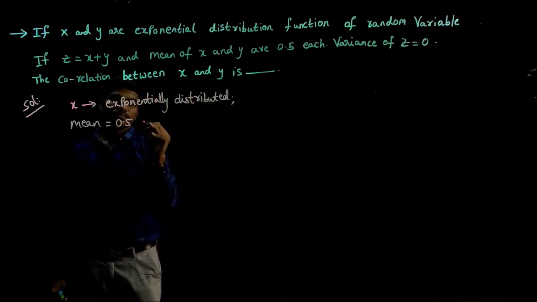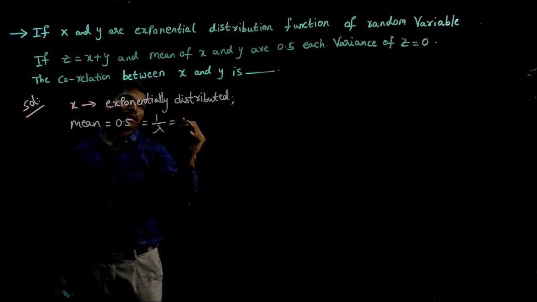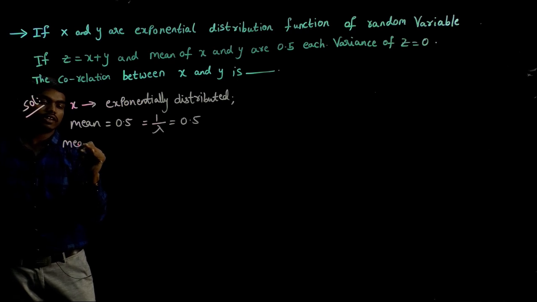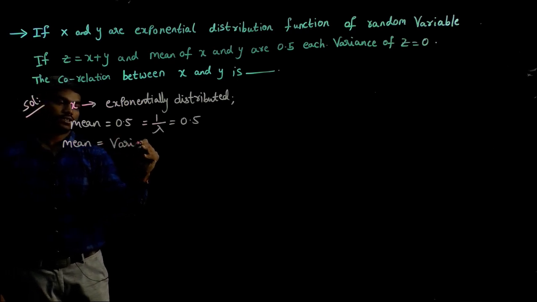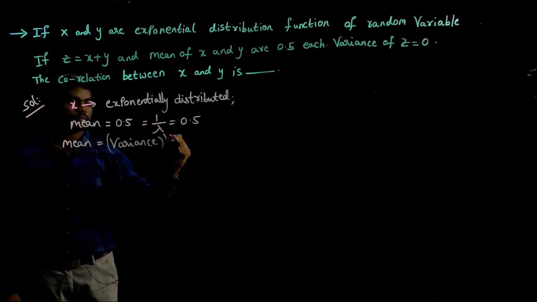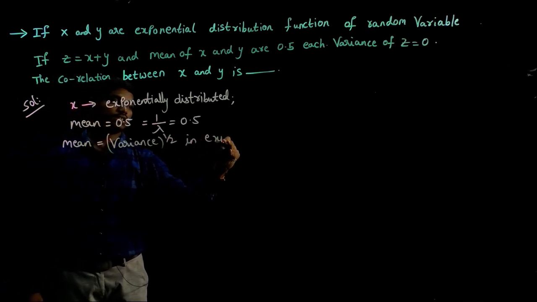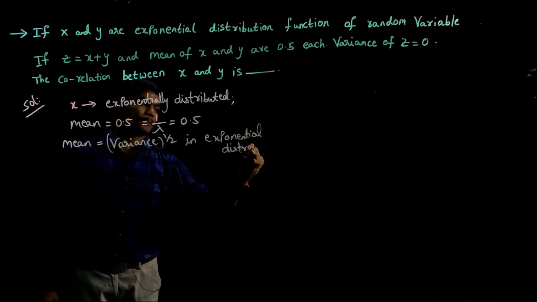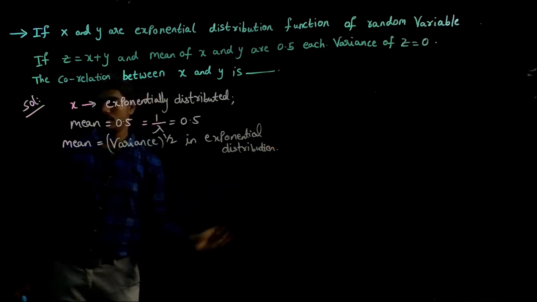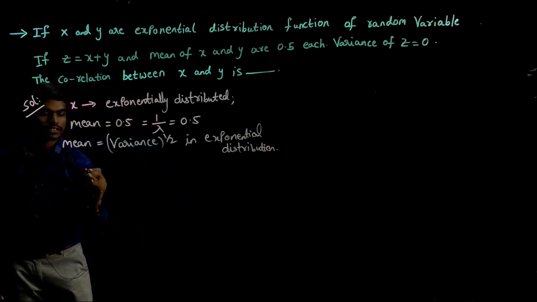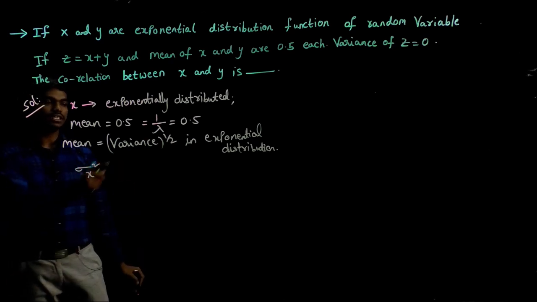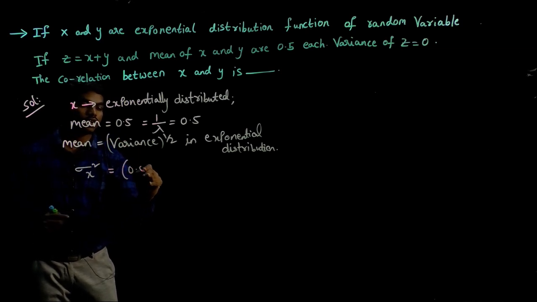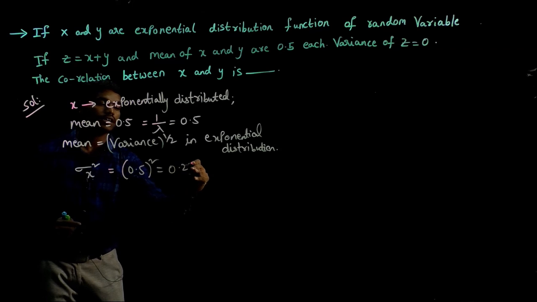So for the mean we can take 1/λ = 0.5, and we know in exponential distributions the mean is equal to variance to the power 1/2. Let us call this variance σx², the variance of the random variable x. So this is equal to the square of the mean, 0.5 squared, which is 0.25.